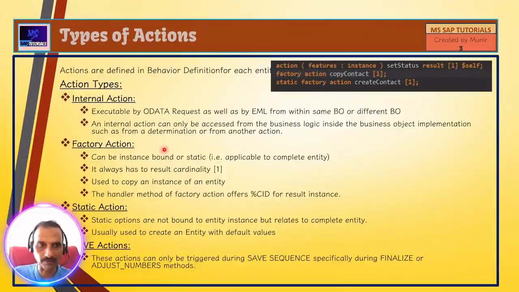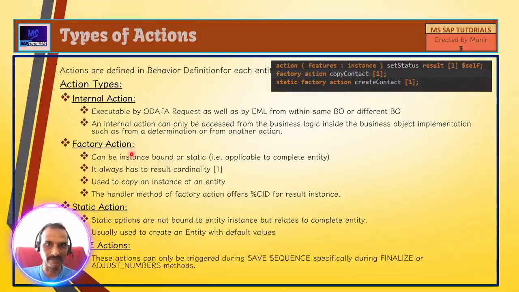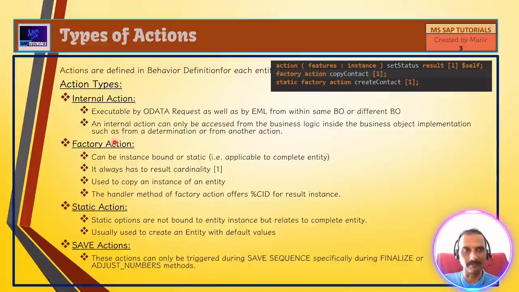Now, how many types of actions are there? There are three types of actions. One is the internal action, and that is what we are going to implement today. This internal action is executable on the OData request as well as by EML from within the same BO or from another BO.